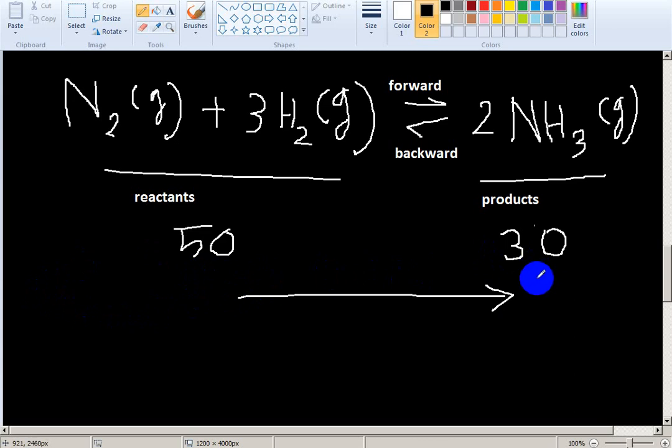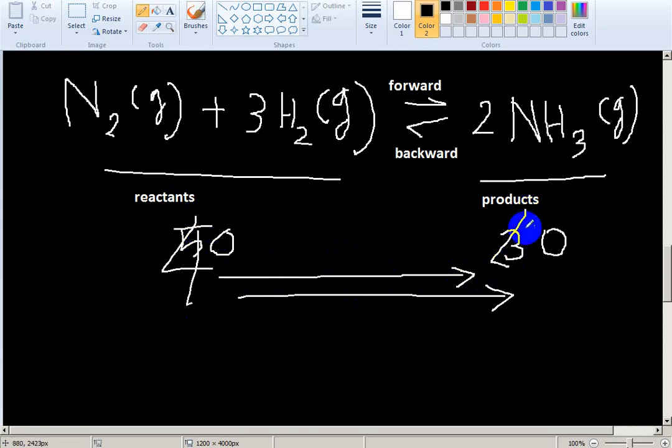I decrease the concentration of the products. Left to right, yes, because there is more on the left. The reaction will move left to right, until both become 40 and are equal.